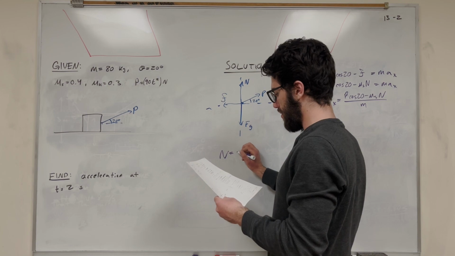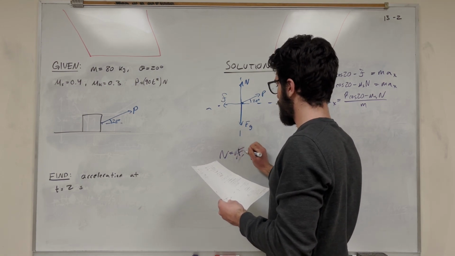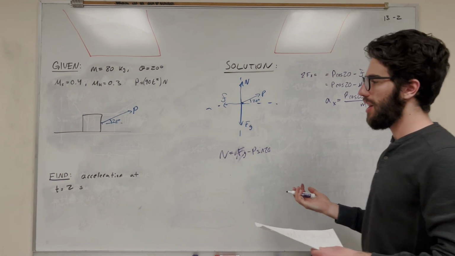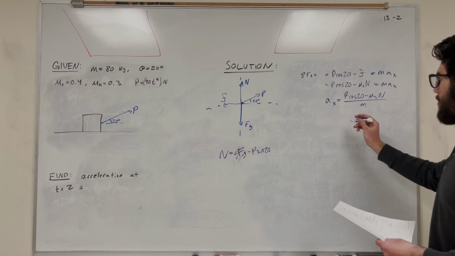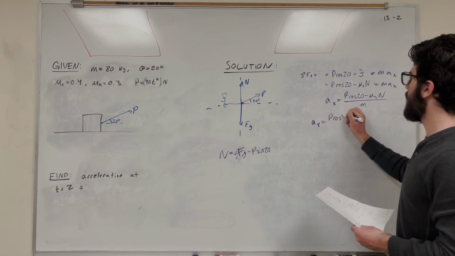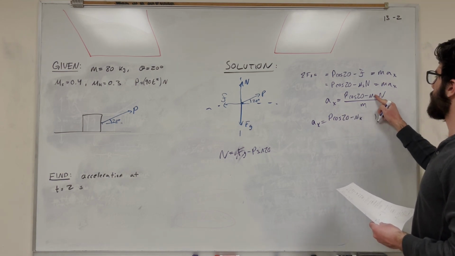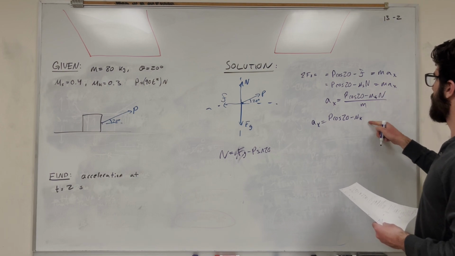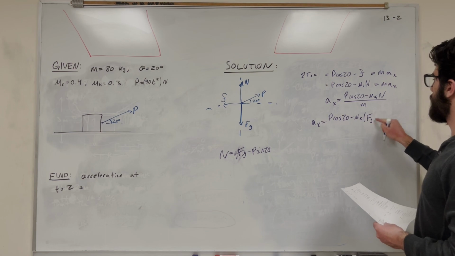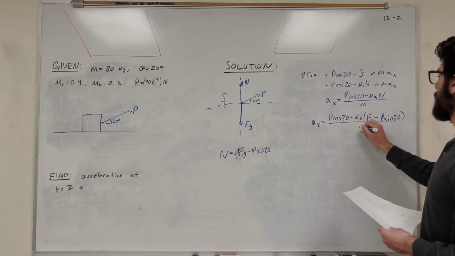Normal is equal to force of gravity minus P sine of 20. All right, we found that earlier. So we can go ahead and plug that in now. P cosine of 20 minus coefficient of kinetic friction, that's what this is supposed to be, times normal, which is force of gravity minus P sine of 20, over mass.